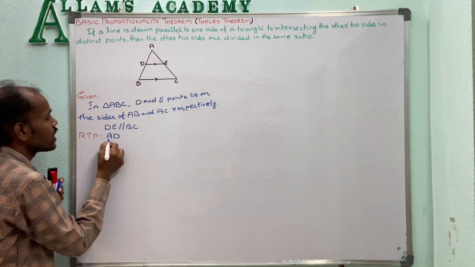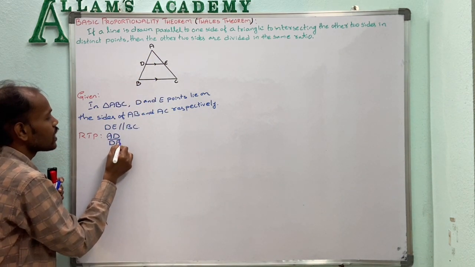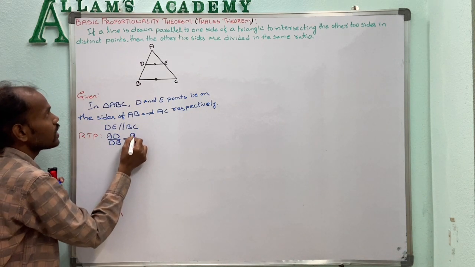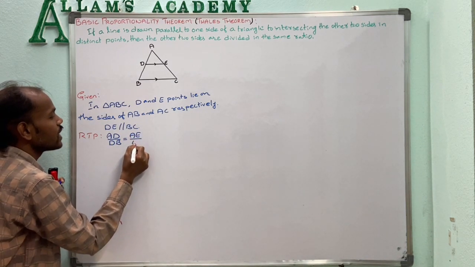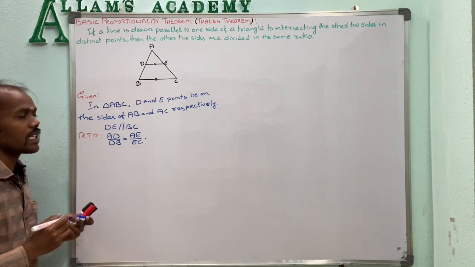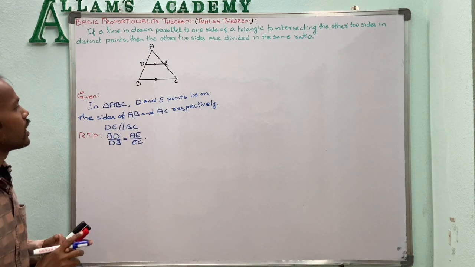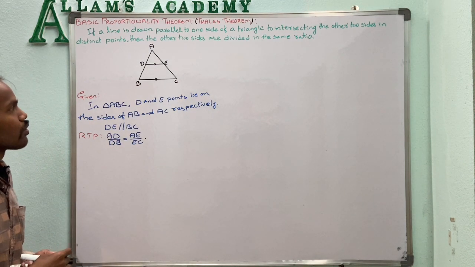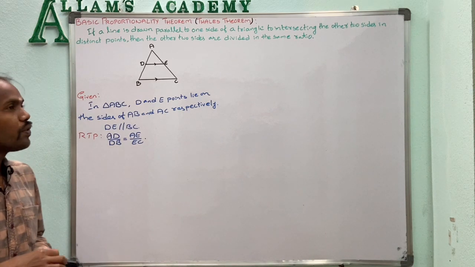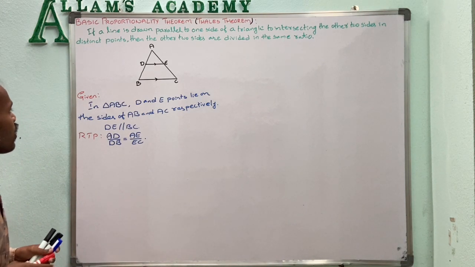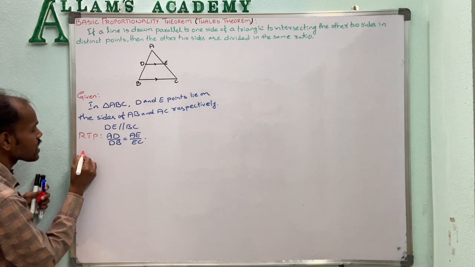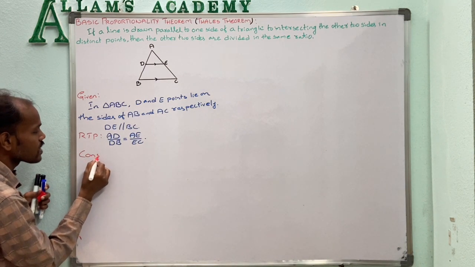That means AD by DB is equal to AE by EC. That is what we have to prove. For proving this we need a construction. So that construction.